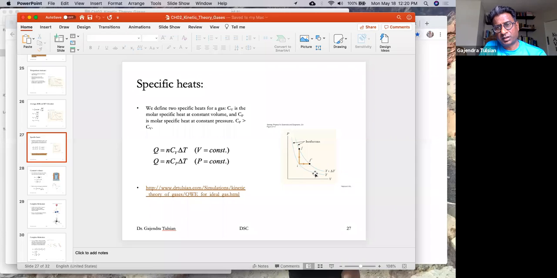It takes a certain amount of energy to increase the temperature of the gas by that much. But if you went along this path, you did work as well, and so you need more energy. Along this path, you didn't do any work, and all the energy went into just warming the gas. So that's why CV is lower than CP.